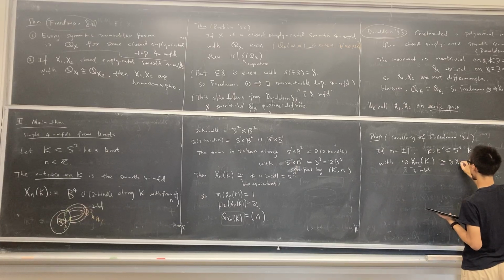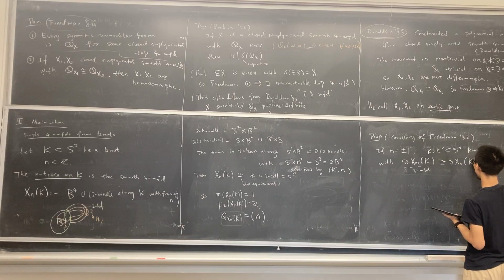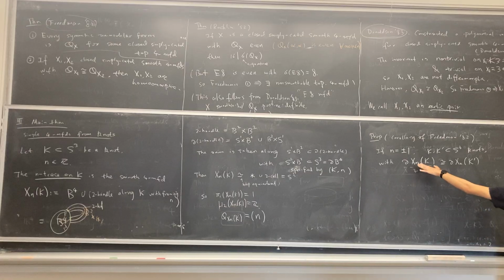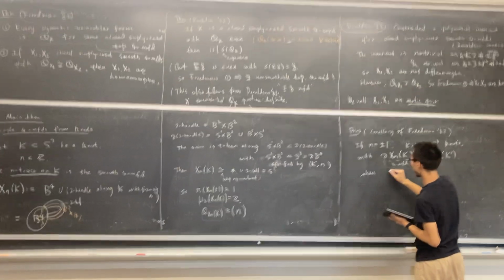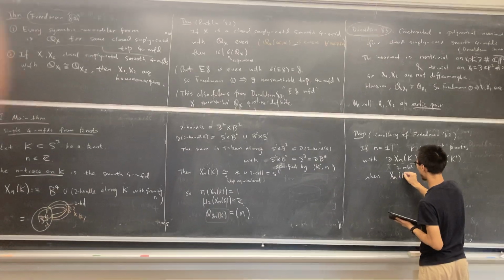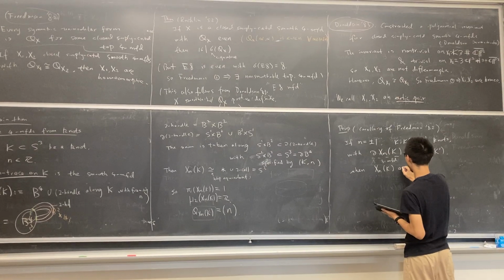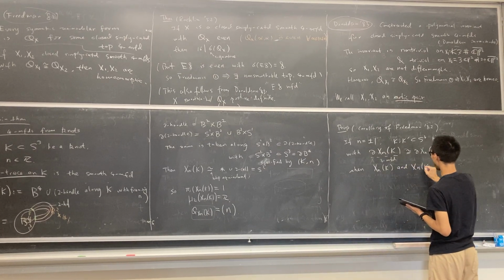Homeo or diffeo agrees here. If those two boundary 3 manifolds are equal, then actually the two knot traces are homeomorphic.